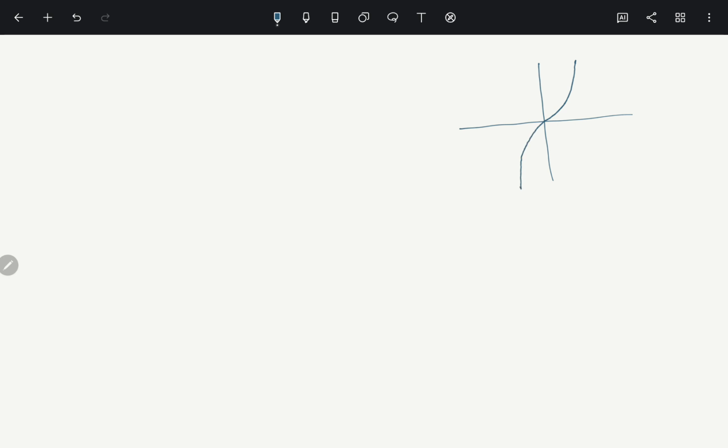It looks something like this, and since this is periodic, it will repeat. So essentially this is 3 pi by 2, and the other part is pi by 2. Okay, this is pi by 2, and this is of course the pi line.